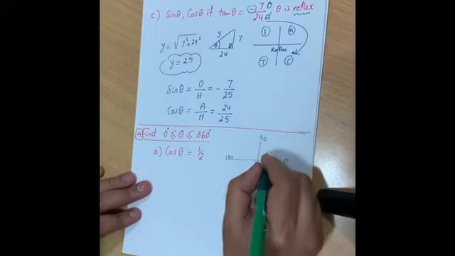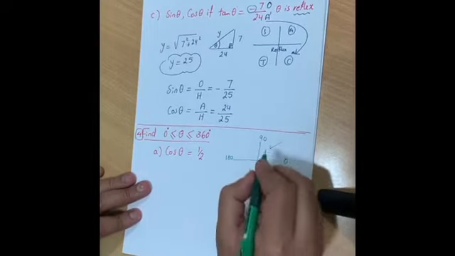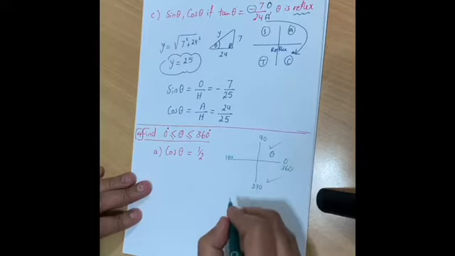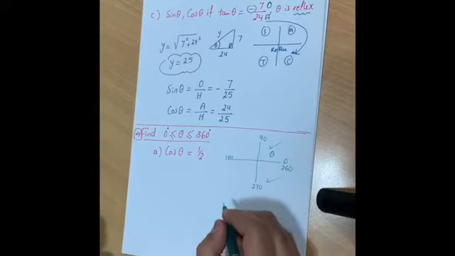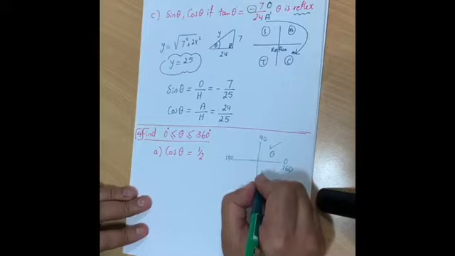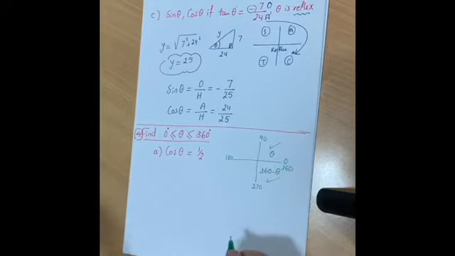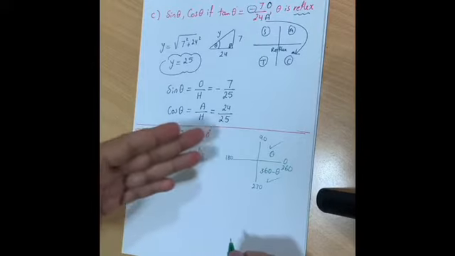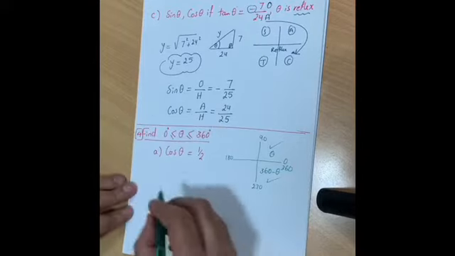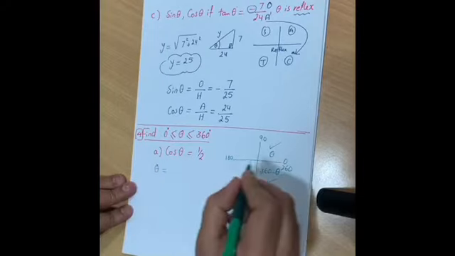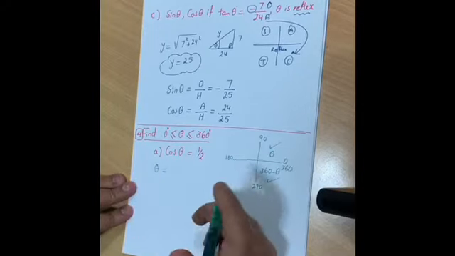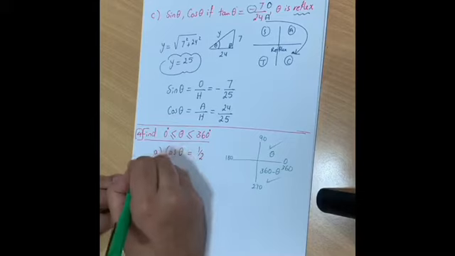Cosine is positive in the first and fourth. What are the expressions? On the first, theta, and on the fourth, 360 minus theta, from the previous topic, trigonometric functions, when we explained the quadrants. Then we're going to find the angle lying in the first quadrant. What do we call that? We call it the reference angle.